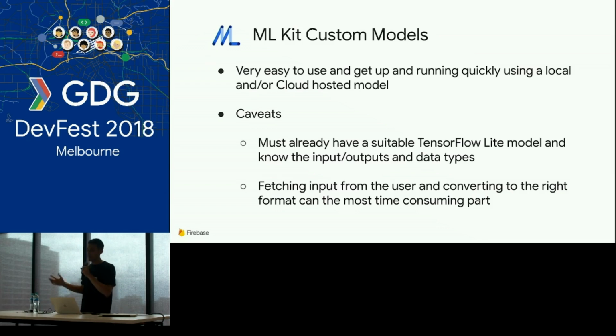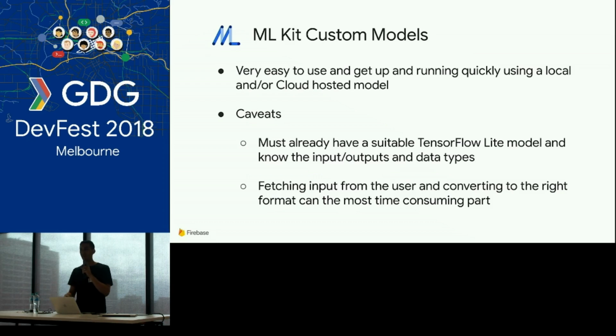So a few caveats. Obviously, you have to have the model, right? That can be a very hard challenge in and of itself. And then, as I mentioned, fetching the input and converting it into a good format is actually quite difficult as well. So for example, if you want to take the camera buffer and capture every frame, you want to convert it into those bytes and then send it through. There's going to be some work there to make that work well, and it's up to you to do that.